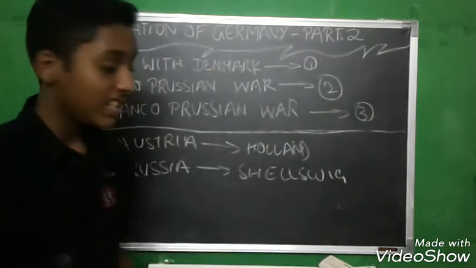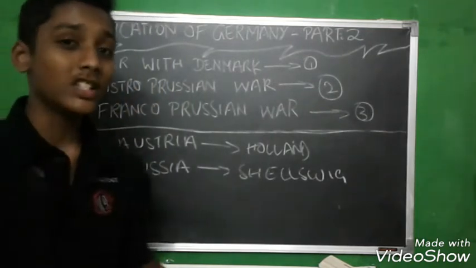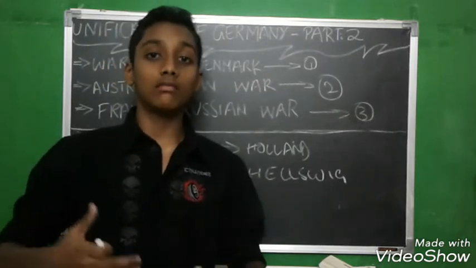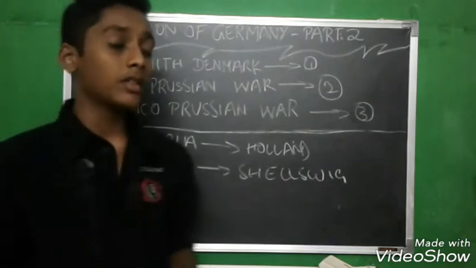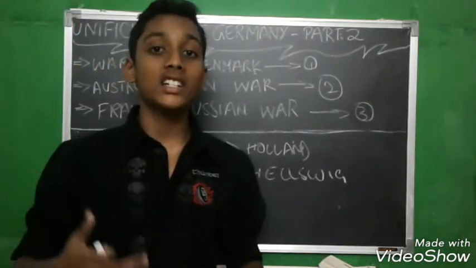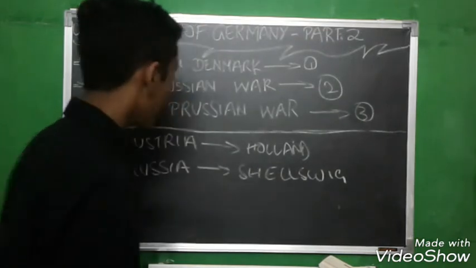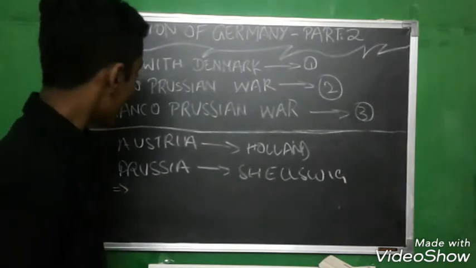For obvious reasons, because of the geographical features of Schleswig, it had many natural minerals and materials. With the help of this, Prussia started developing its naval power, military power, and many other powers.